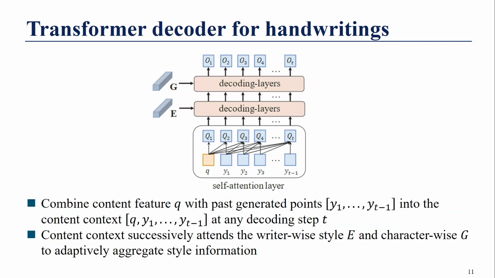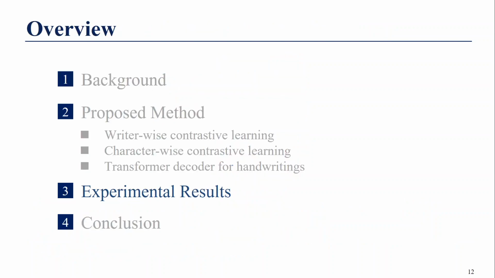Next, the content context is regarded as a query vector, and the style information is regarded as key and value vectors. Under the fusion of the cross-attention mechanism, the content context and the two styles of information are dynamically aggregated in turn. We will show the experimental results in the next section.